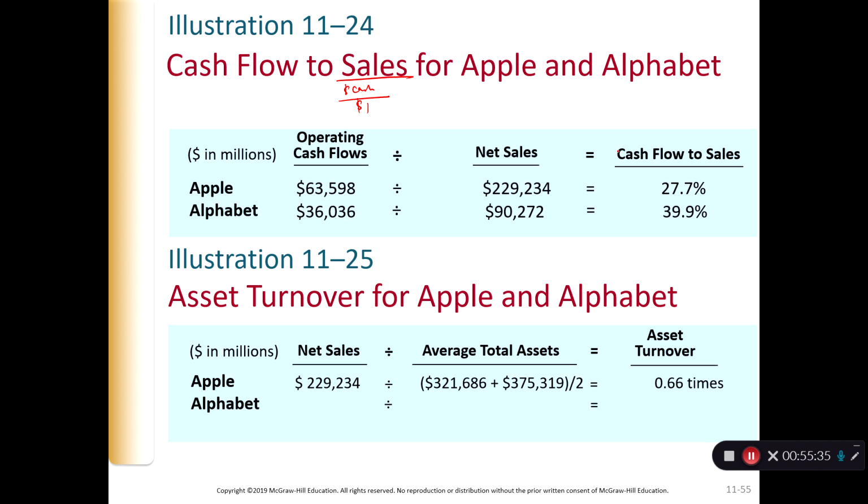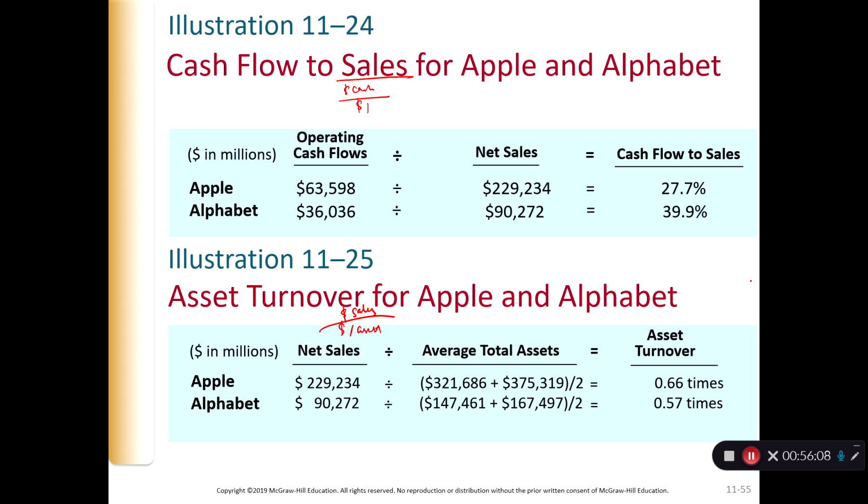The asset turnover for Apple and Alphabet means for $1 of assets, how much sales I can generate. Basically, Apple's asset turnover is 0.66 times. So $1 of assets can transfer into 66 cents of sales for that year, and for Alphabet, $1 of assets can be translated into sales of 57 cents.